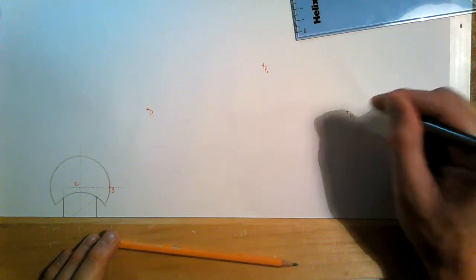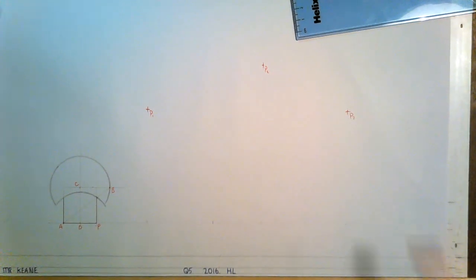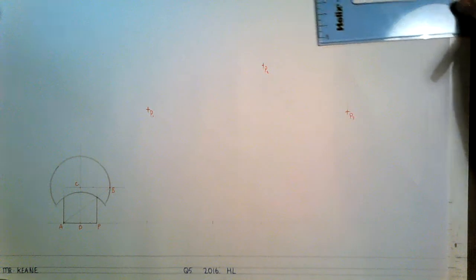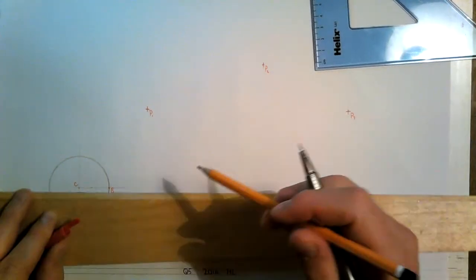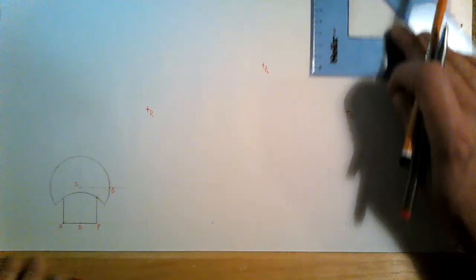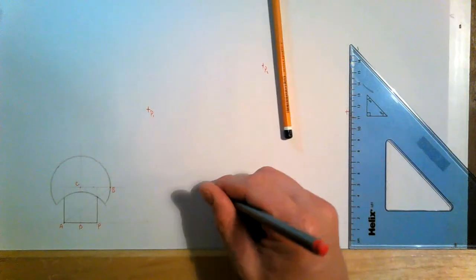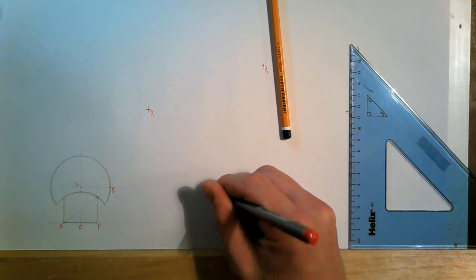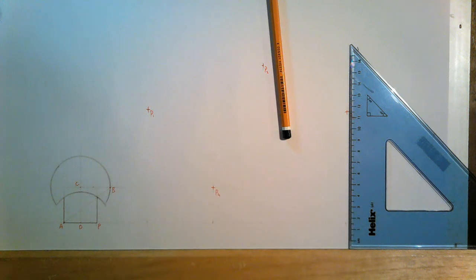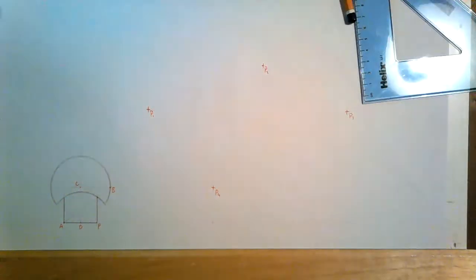Then on the way back is P4, which was on our 60 line and up the same height as CD. So we have our 4 points.